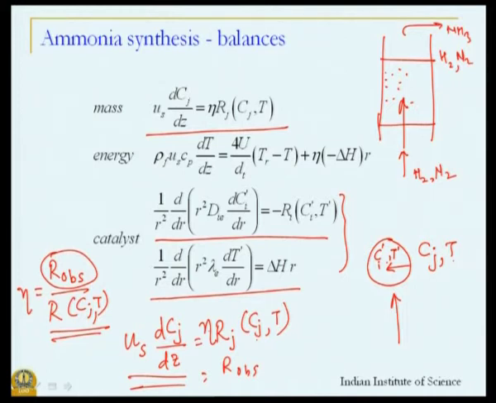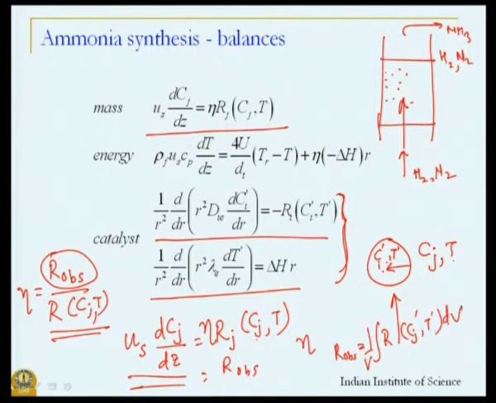Now, there are two ways one can simulate this. If you know the effectiveness factor a priori, put that in, or if you do not know, then at each simulation time step we will have to solve these equations for the catalyst pellet and evaluate the effectiveness factor, or if you do not want to evaluate the effectiveness factor, just evaluate the average rate.